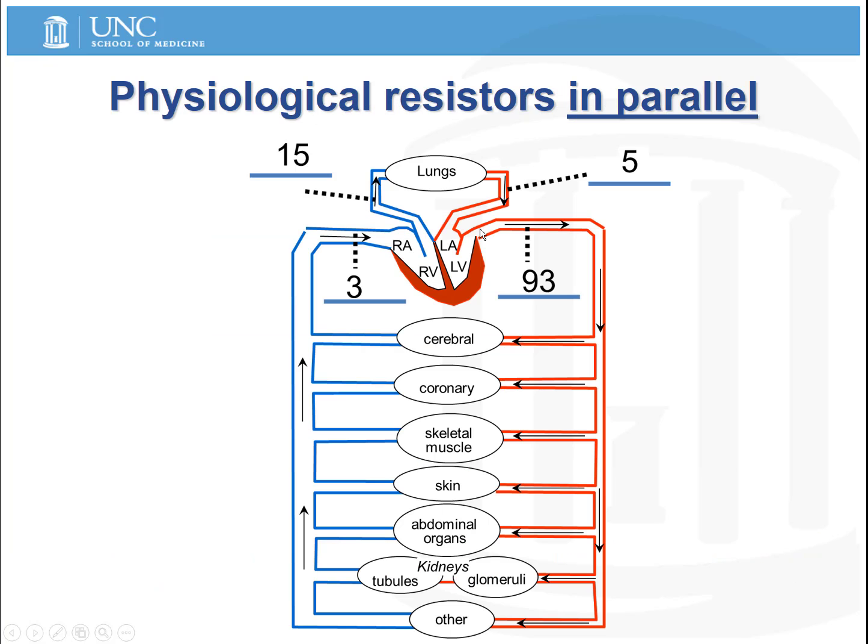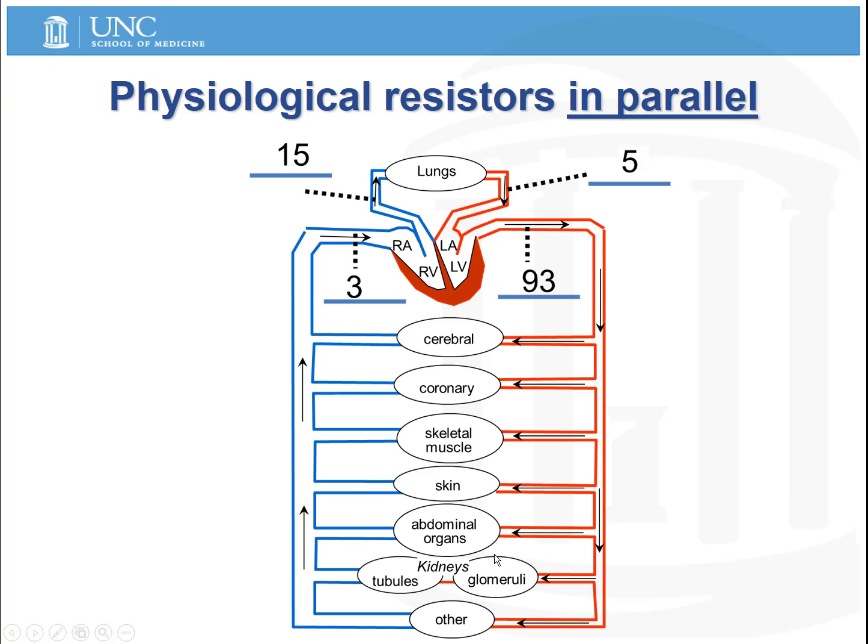And all of the major arteries that branch off of the aorta is one example of vessels arranged in parallel. So in this system, blood flows through the aorta, and then it separates and it's distributed among the different organ systems, with some blood flowing to each of these circulations, whether it be cerebral or coronary, skeletal muscle, or any other organ or tissue.